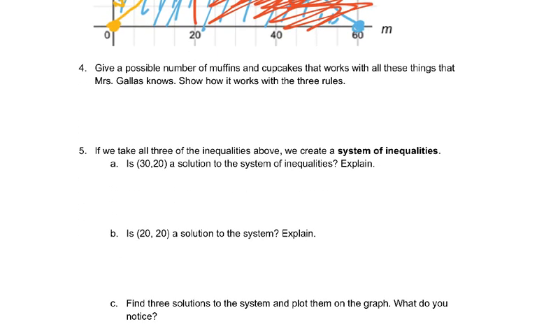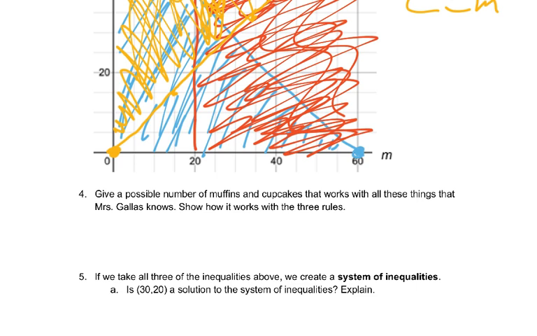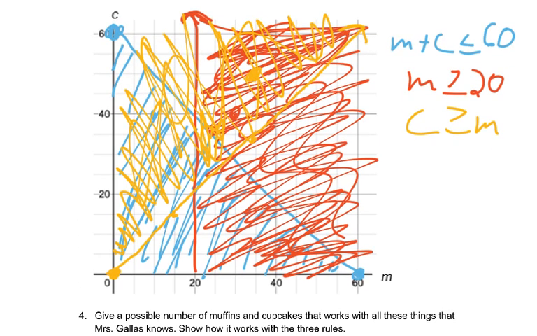So give a possible number of muffins and cupcakes that works with all of these things that Mrs. Gallus knows. So where all of those things are true is going to be in this area here, this triangle. That triangle is super important because that's where all 3 constraints, all 3 colors overlap. So any point in that area is going to work.